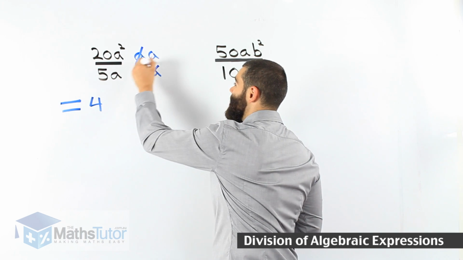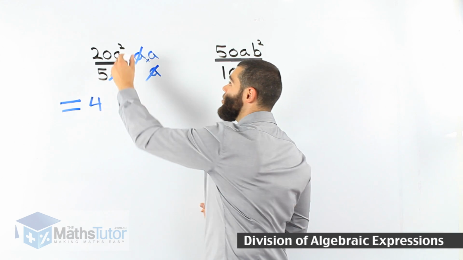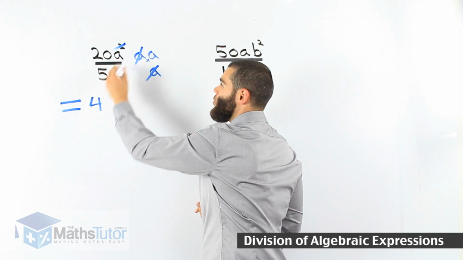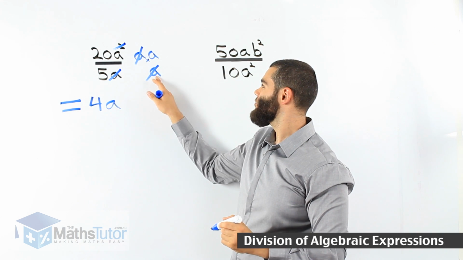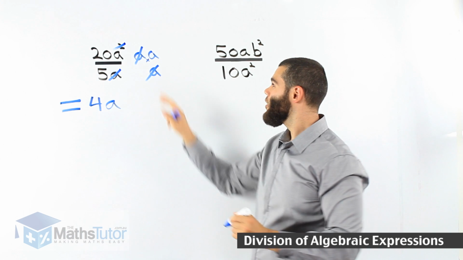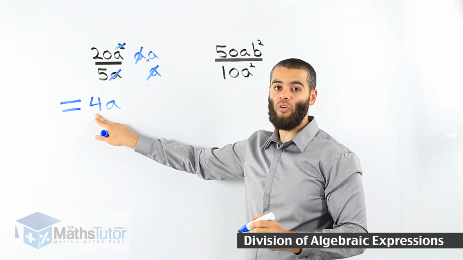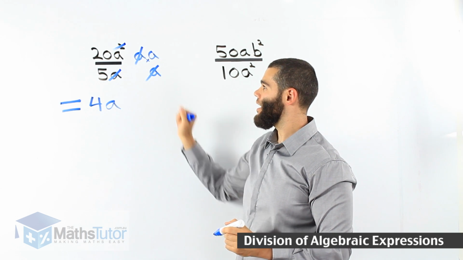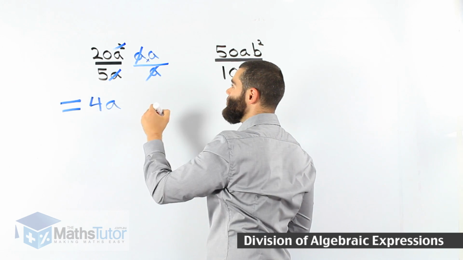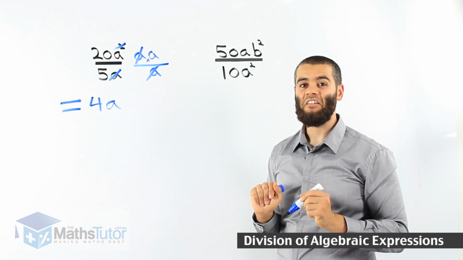So the a cancels with the a. We're left with one a on top, because the a from the bottom and an a from the top go. So 20 divided by 5 is 4, and a squared divided by a is a at the end, which is 4a as our answer.